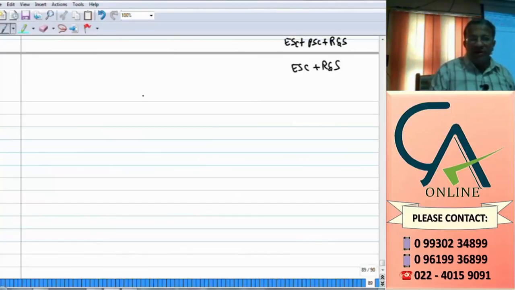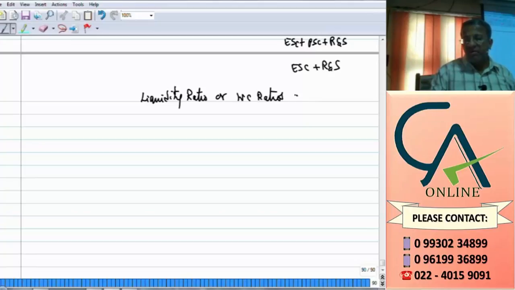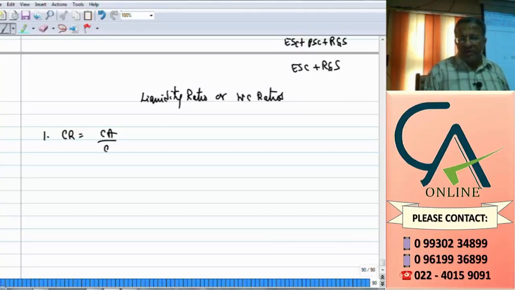Now, on the liquidity front, you can say liquidity ratios, or you may call this working capital ratios. Working capital ratio is better. So in this you will have firstly the current ratio. Current ratio is equal to current asset by current liability.